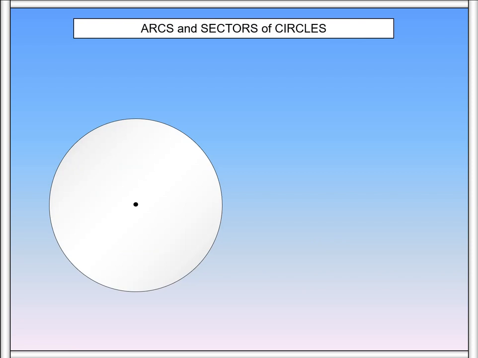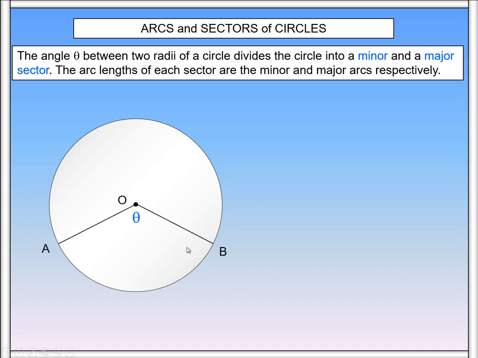I wonder how many of you remember what the area of a circle is and circumference of a circle. Formula for those. Come to that in a second. If we look at our circle here, we can divide it into two sectors by using the radius.